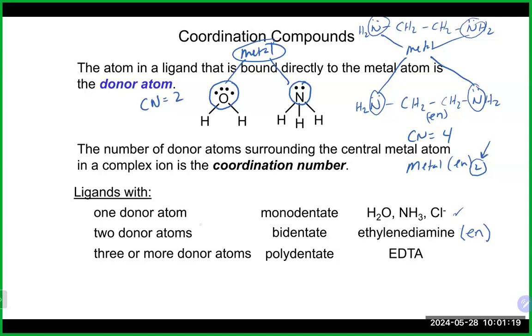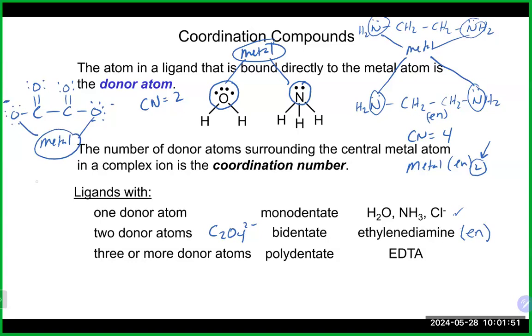Probably the other most common bidentate one is oxalate, which is C2O4 2 minus. And oxalate looks something like this. Oxalate can bind through each of the single-bonded oxygens, and again, you get a 2-for-1 situation.